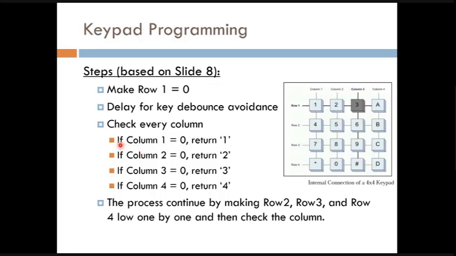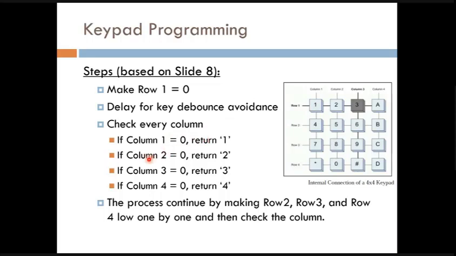If column 1 equals 0, this means that location 1, 2, 3, 4. Double equal should equal to 0. So this means that button 1 is being pressed, so the program must return 1.